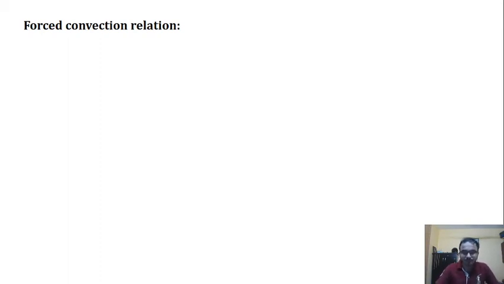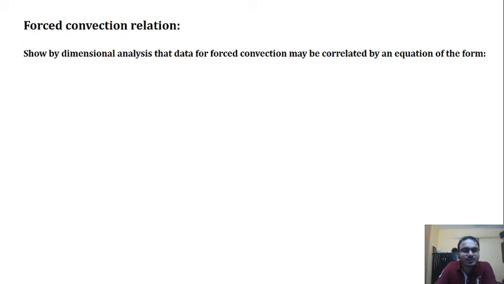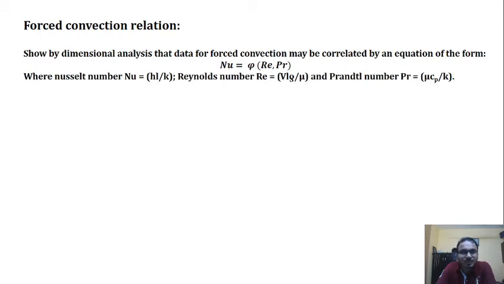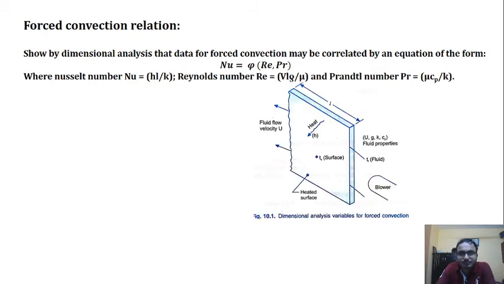The question is something like a numerical one: show by dimensional analysis that data for forced convection may be correlated by an equation of the form Nu is a function of Re, Pr, where Nusselt number Nu is equal to hL by k, Reynolds number Re is equal to VL rho by mu, and Prandtl number Pr is equal to mu Cp by k. So this is our question, and this is the formula for forced convection.